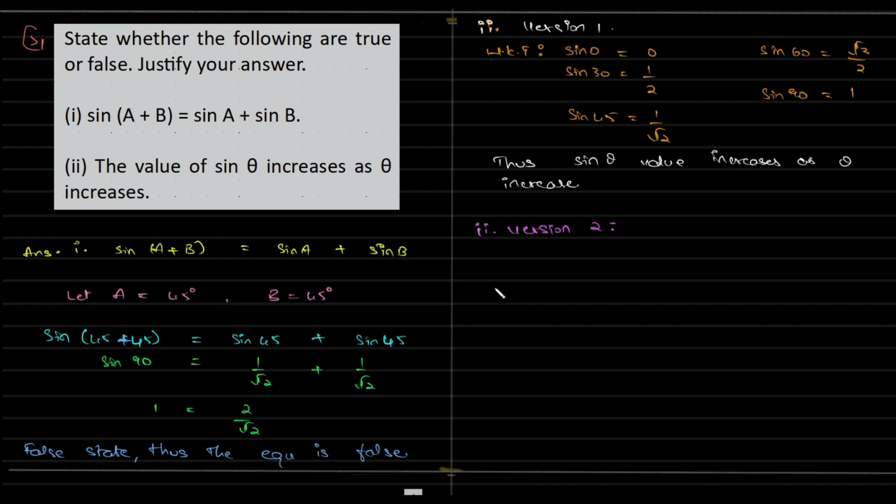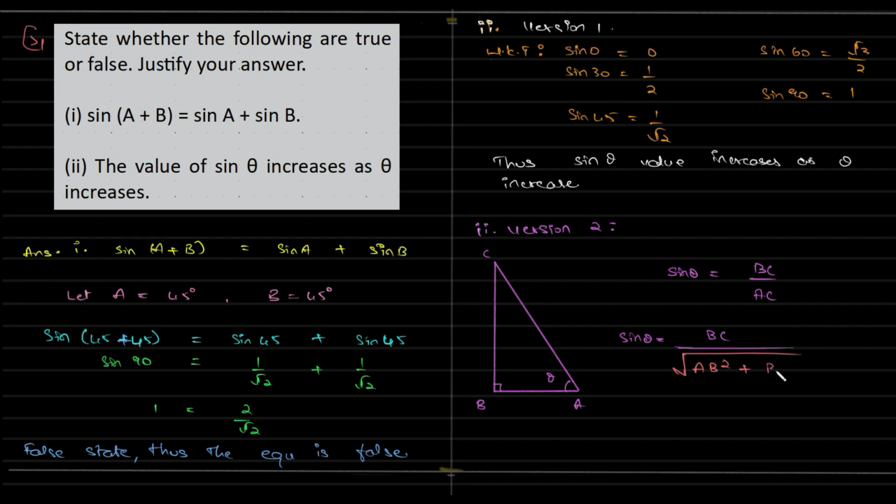To do that, we need a diagram. So let us consider triangle ABC. This is theta, right? As per this, what is sine theta? Sine theta is opposite by hypotenuse. So can I rewrite this as BC by, with the help of Pythagoras theorem, the square root of AB square plus BC square.